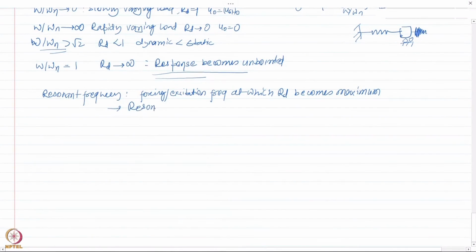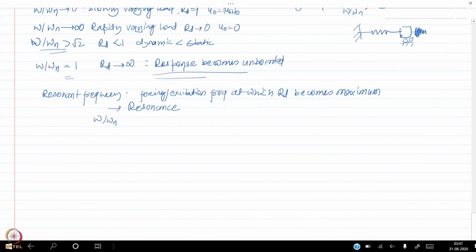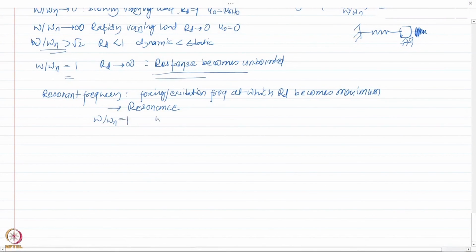Many of you might be aware of this phenomenon. Now, in this case, what happens? The resonance is maximum when omega by omega n, as we saw here, is equal to 1. So the applied frequency is equal to the natural frequency of the system, and my RD becomes maximum.